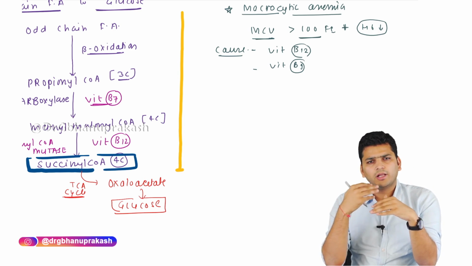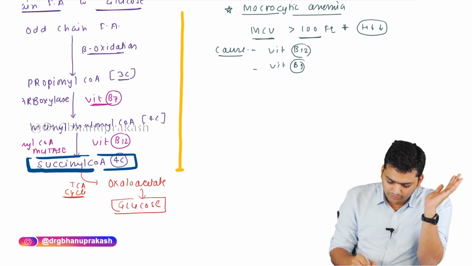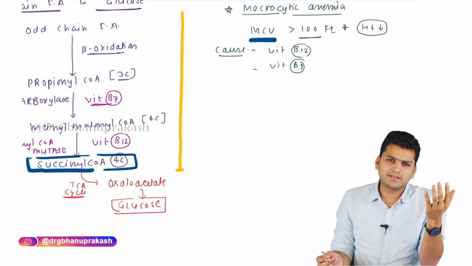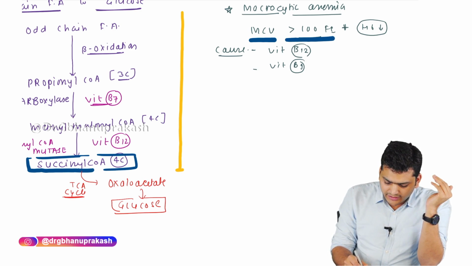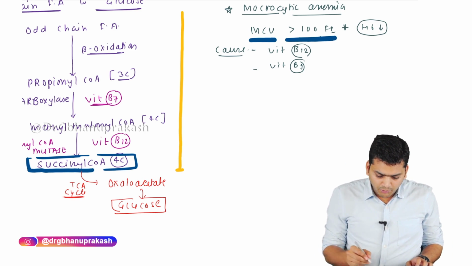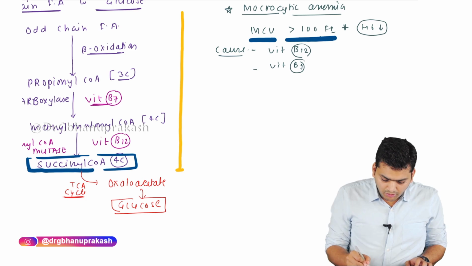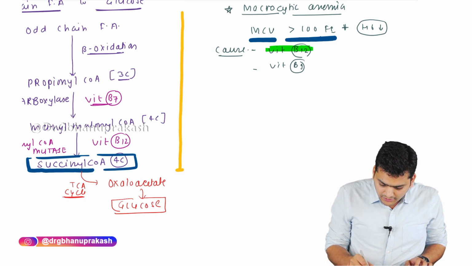Now we have to figure out the cause of anemia. So you ordered a CBC, complete blood count. In the complete blood count, the hemoglobin comes out to be, let's say, 6. That is anemia, and the MCV comes out to be, let's say, 120. It means it is a macrocytic anemia. Now the probable causes can be B12 deficiency, or it can be B9 deficiency.